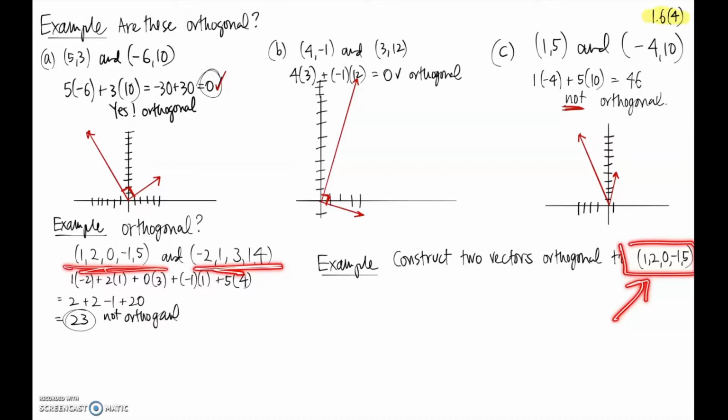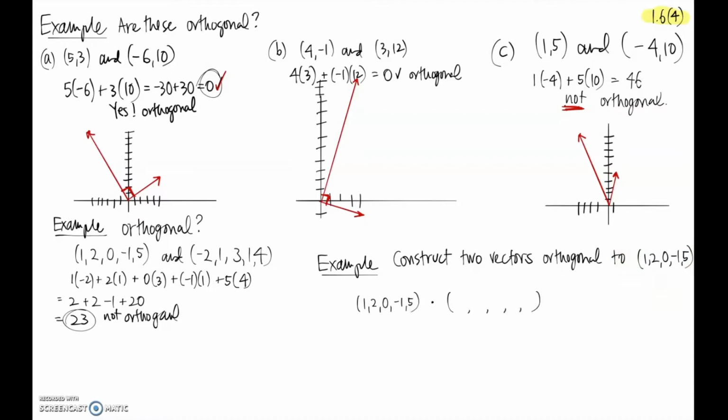How would we come up with a vector that is orthogonal to this guy? Whatever that vector was, when we took the dot product with this, we would have to get 0. So maybe there's a way just to eyeball it and construct a vector whose dot product with this guy is 0. Maybe it's that easy. So that's probably the first thing we should try.